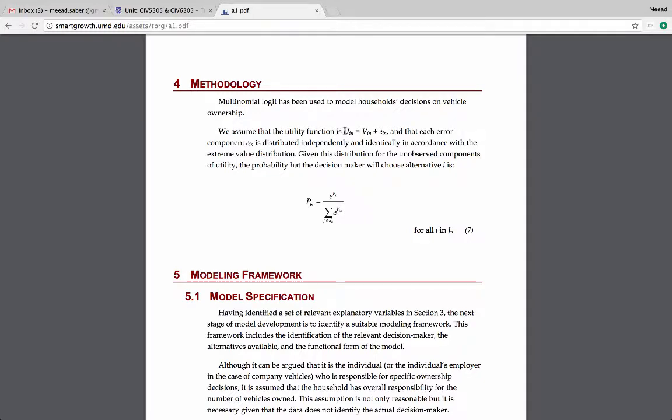Here is the same utility specification as we talked about. They're using a multinomial logit framework.